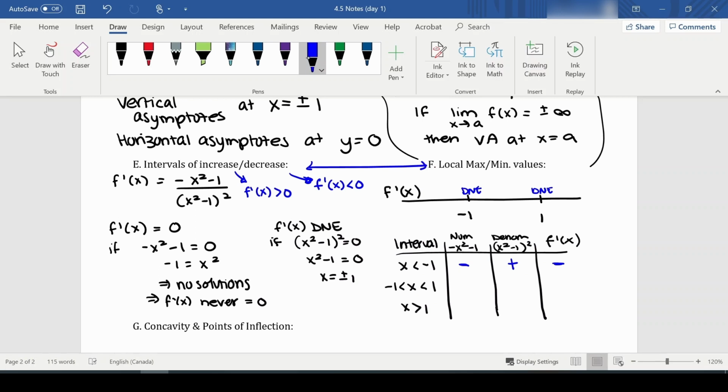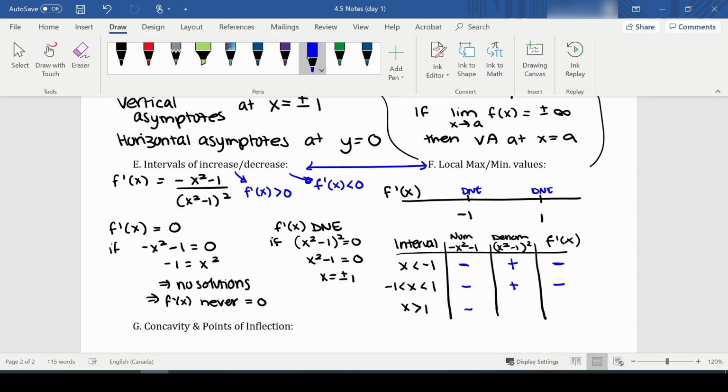If I put 0 in my numerator, I get -1, a negative answer. In my denominator, I'm squaring at the end, so no matter what I do, I'm going to get a positive answer. And I'm in the same situation as before. I'm negative again.